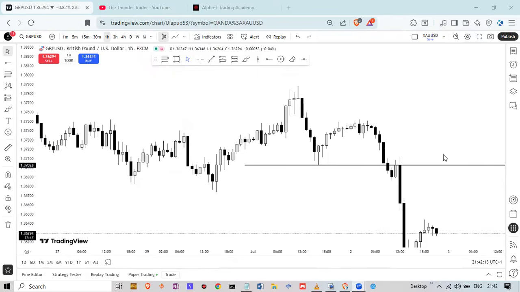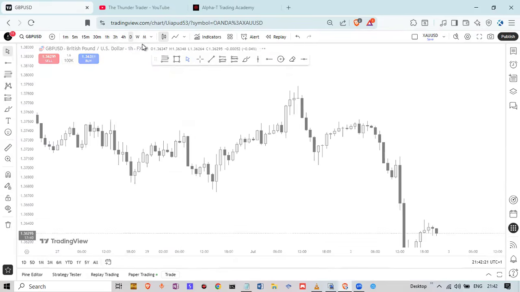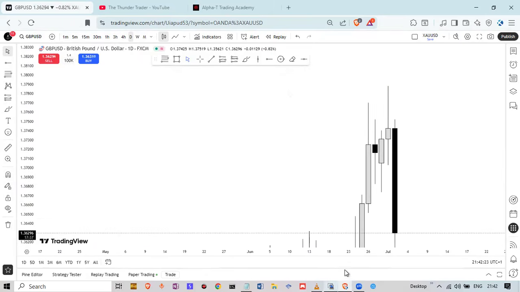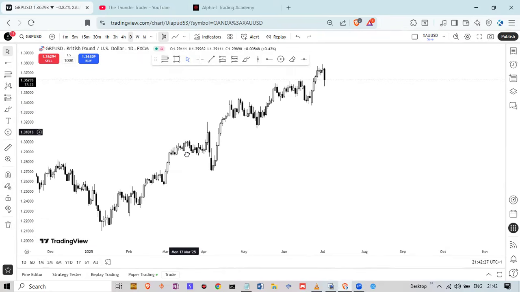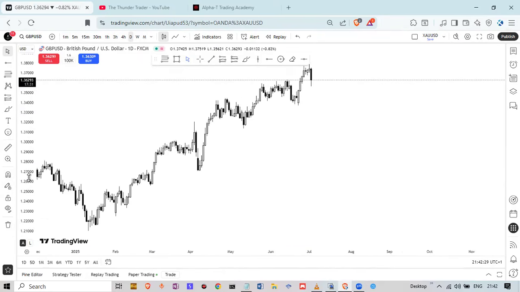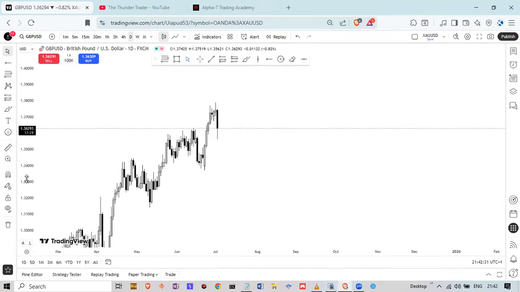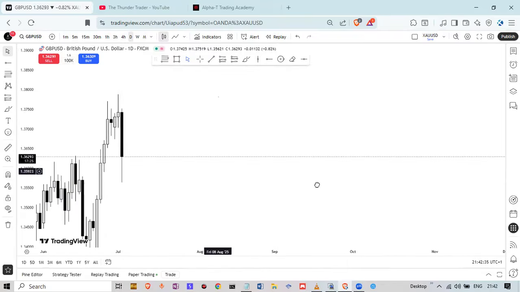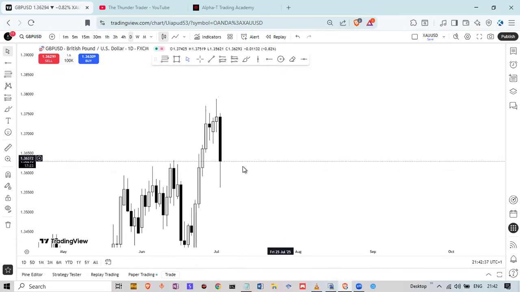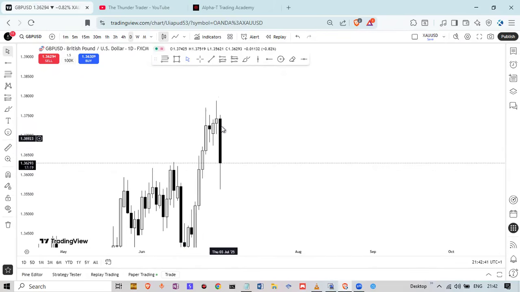For a candle break, this is what I want you to understand. Pay close attention, please. Now, this candle is currently still forming, so I will not really regard it.